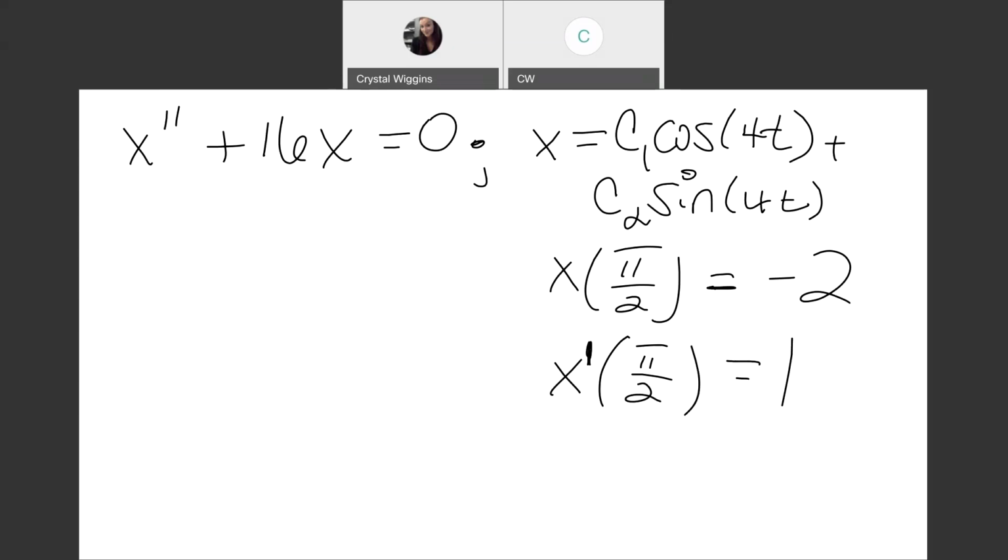So let's work on this problem. First, step 1 is to take a look at the solution. X equals c1 cosine 4t plus c2 sine 4t. And we're going to need the first derivative as well. So the initial value pertains to the original solution function and the first derivative of the solution function.